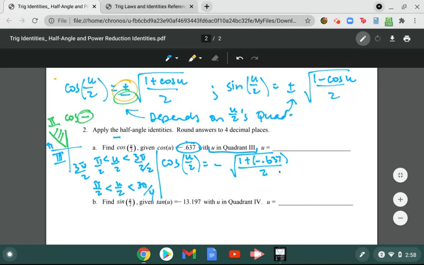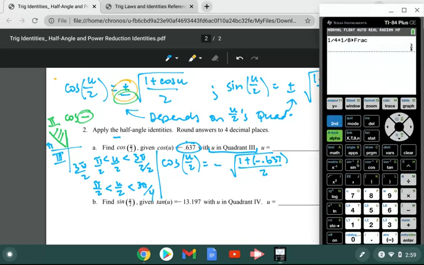This just goes right into my calculator, and I want 4 decimal places. Okay, so right into my calculator. Let me clear this. So I'm going to put my negative symbol there next to the enter key, and then square root of, I'm going to do parentheses for my numerator, 1 minus 0.637, close parentheses for the numerator, divided by 2, and then enter.